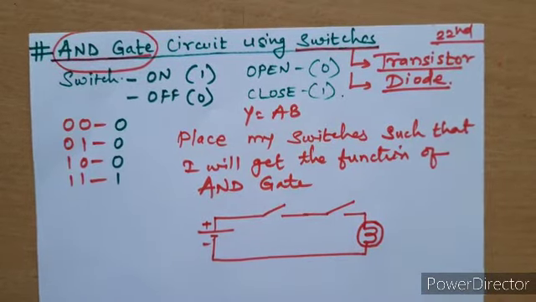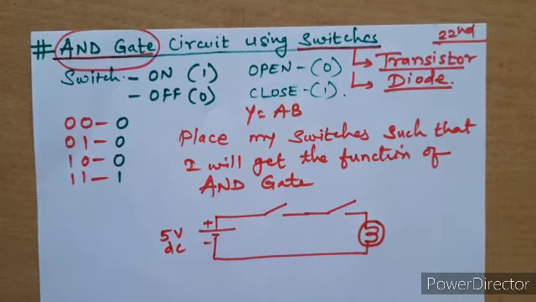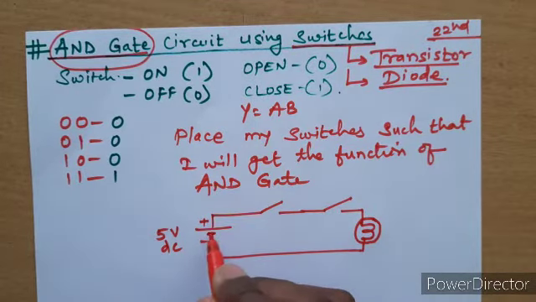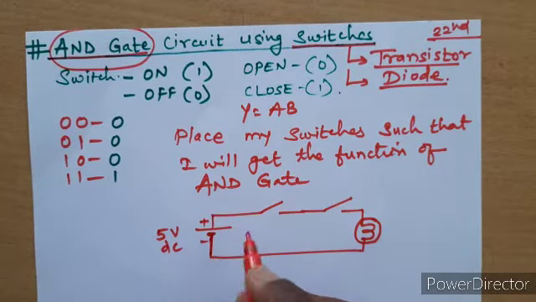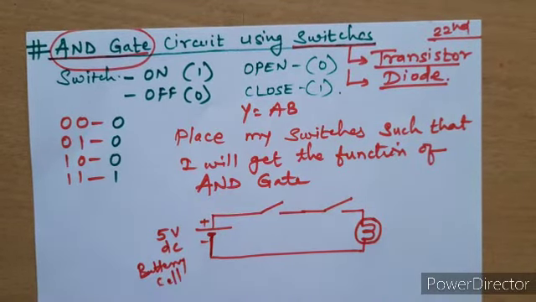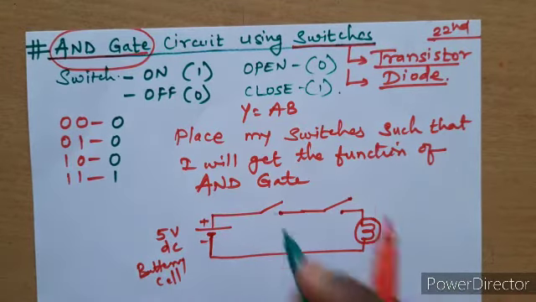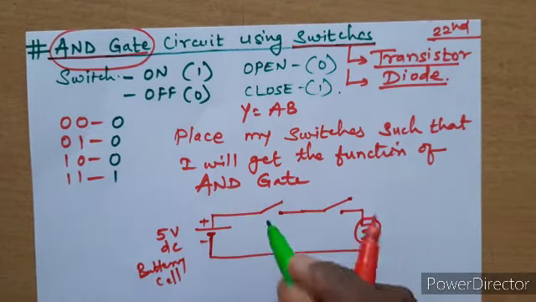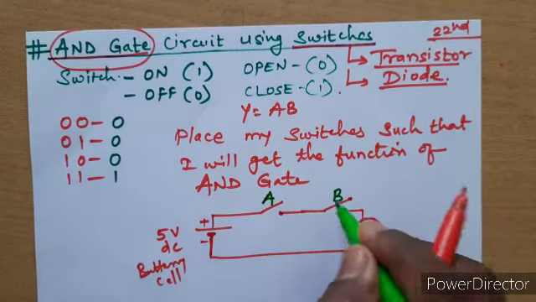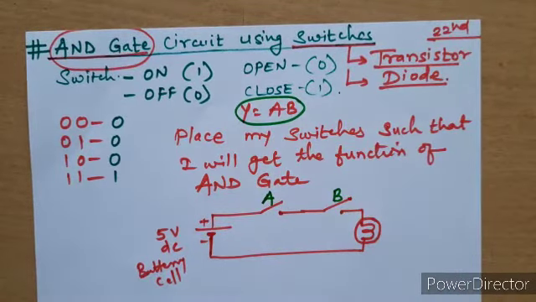Since this is digital electronics, it operates on 5 volt DC, so let us consider that you have here the battery cell. And these are our two switches. This is A and this is B. Now why two switches? Because we are considering this AND gate as a two input AND gate.